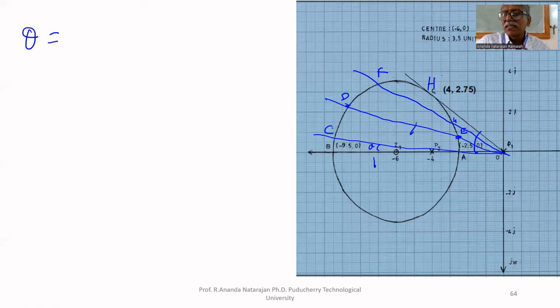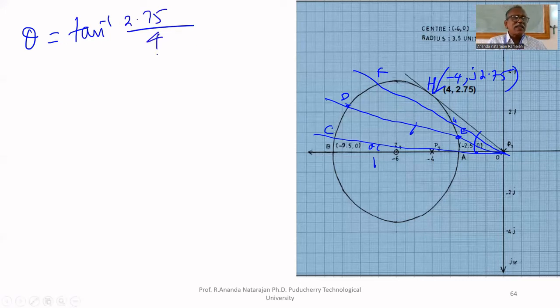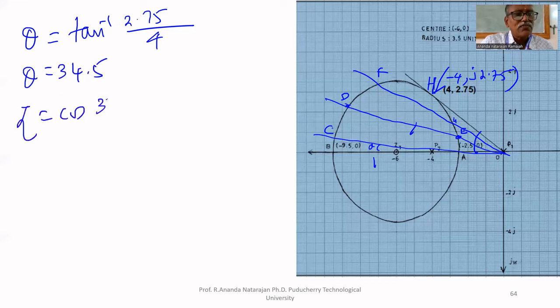The tangent point is minus 4, j2.75. Theta equals tan inverse of imaginary part over real part, 2.75 divided by 4, which is 34.5 degrees. Zeta equals cos 34.5, which is 0.82. This is the minimum zeta.